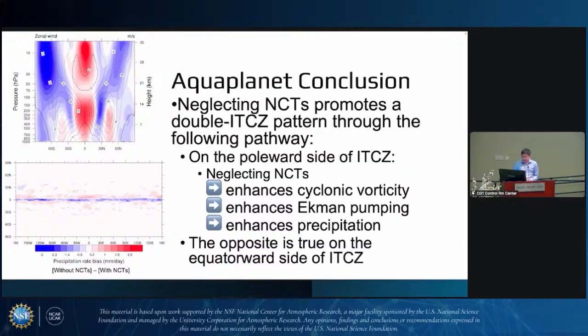So the aquaplanet conclusion is that on the polar side of the ITCZ, when we neglect the non-traditional Coriolis terms, there is enhanced cyclonic vorticity and enhanced Ekman pumping, and thus enhanced precipitation on the polar side of the ITCZ. And the opposite is true on the equatorial side of the ITCZ.